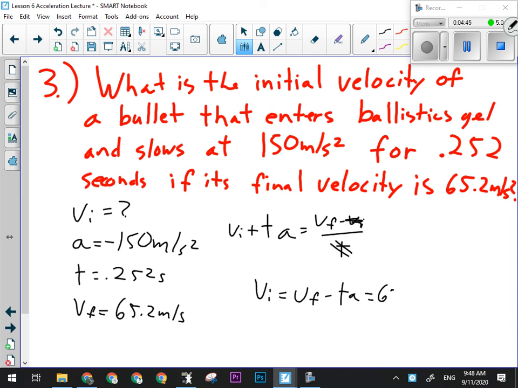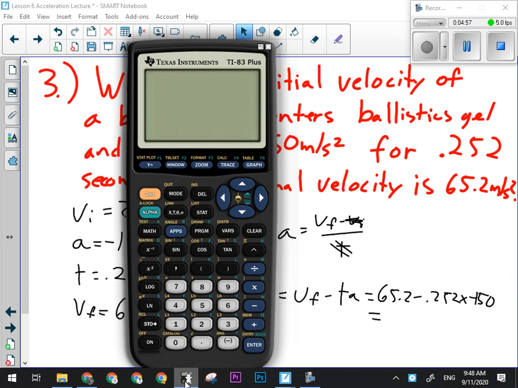So we have 65.2 minus 0.252 times negative 150.